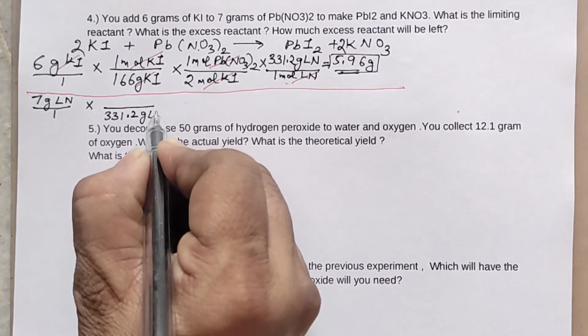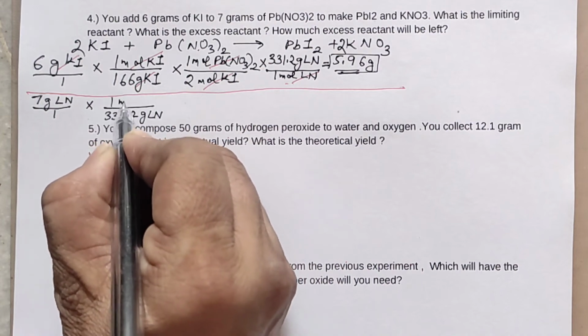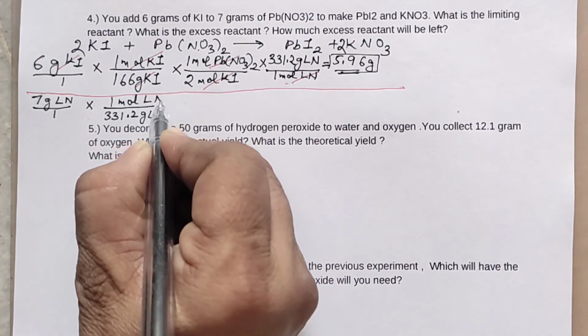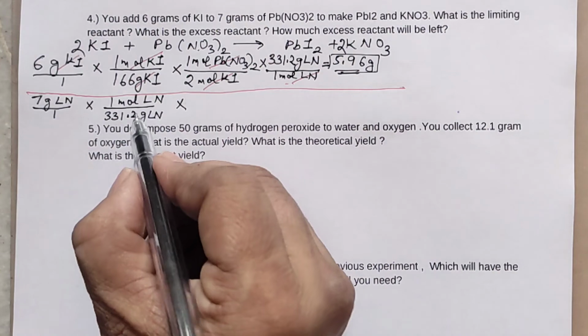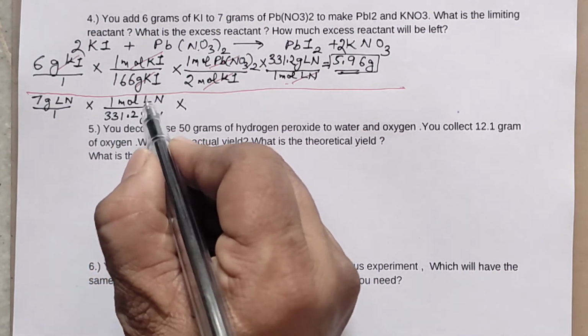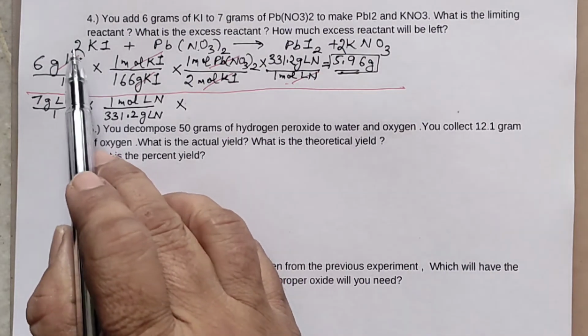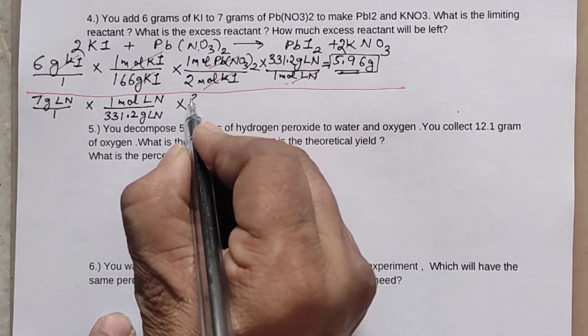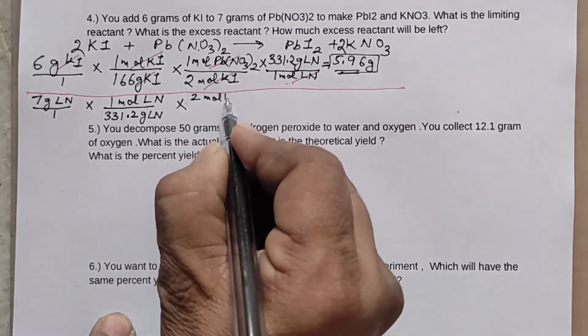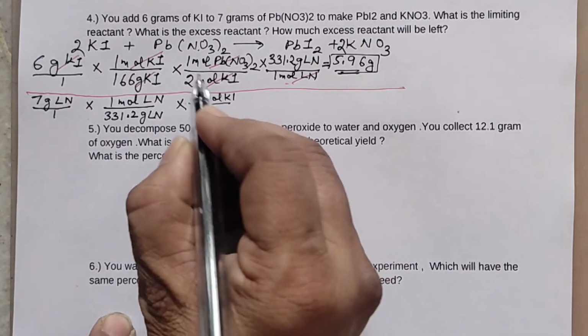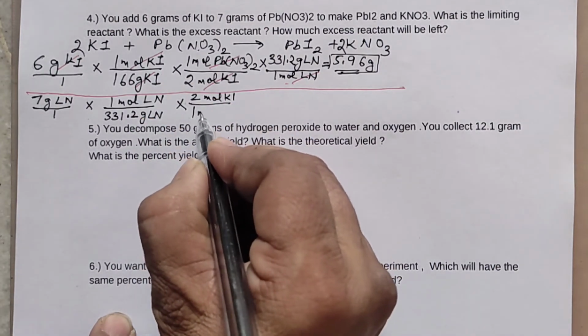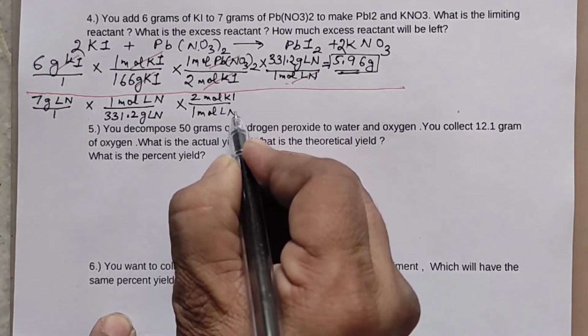This much grams of lead nitrate is 1 mole of lead nitrate, that in the numerator, multiplied by, one step is over, convert these moles into potassium iodide moles. So we are calculating for potassium iodide, so its moles will be in the numerator. 2 moles of potassium iodide divided by how many moles of lead nitrate? 1. So you will have 1 mole of lead nitrate.